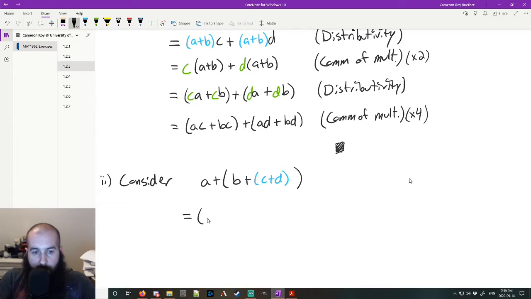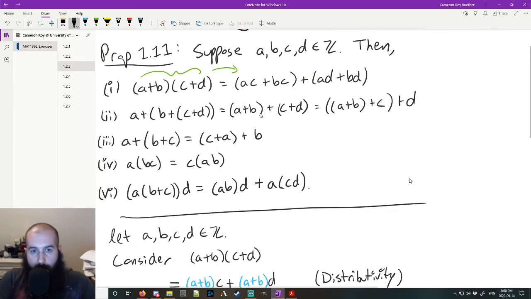So this is equal to a plus b, the first 2 things, plus the last thing, by associativity of addition. And already we have this, (a + b) + c + d. So that gives us our first equality.